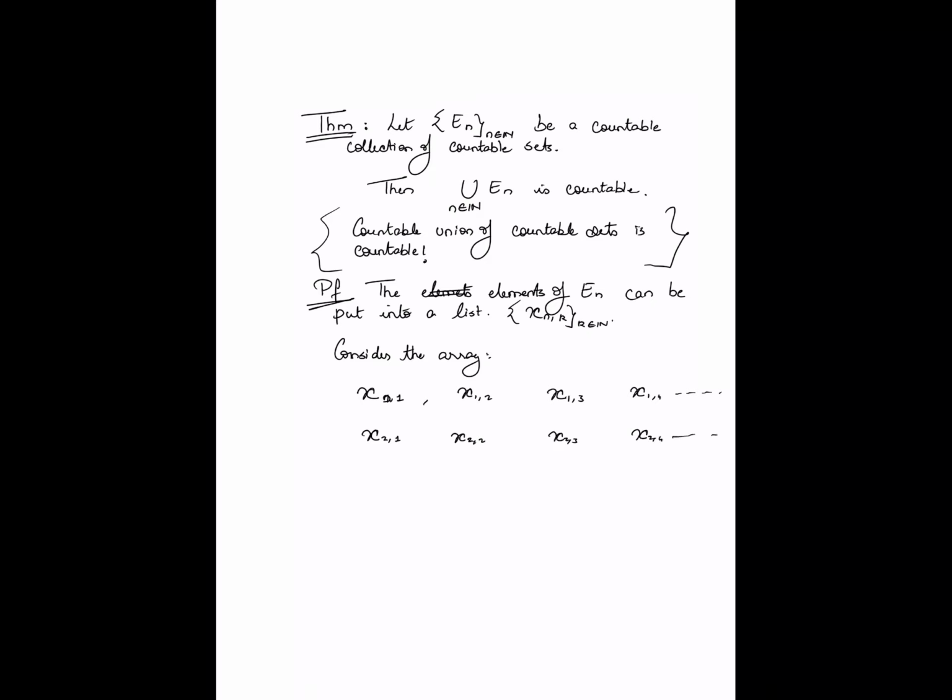Then in the next line I list the elements of E3, that is x_{3,1}, x_{3,2}, x_{3,3}, x_{3,4} and so on. Similarly, I go on.